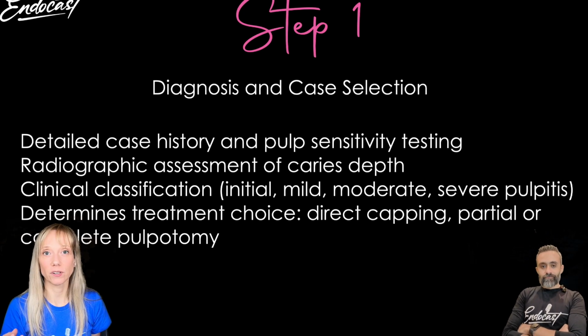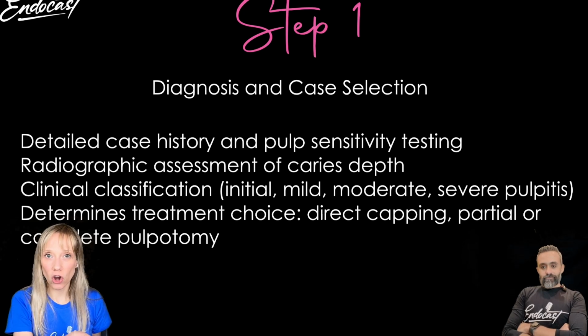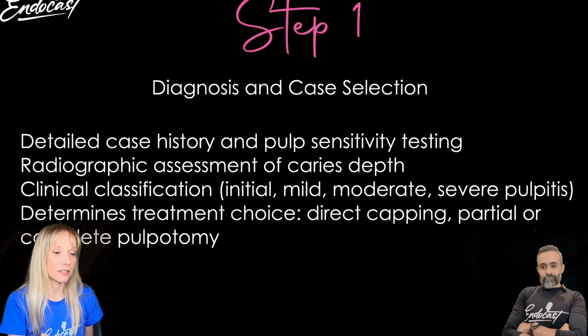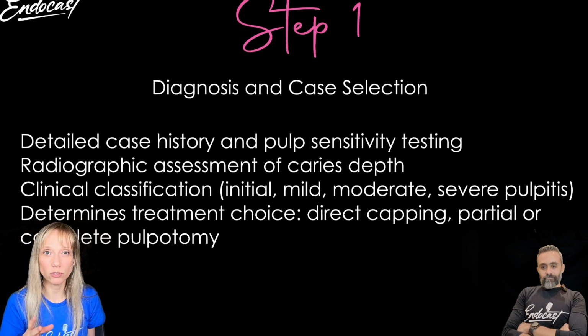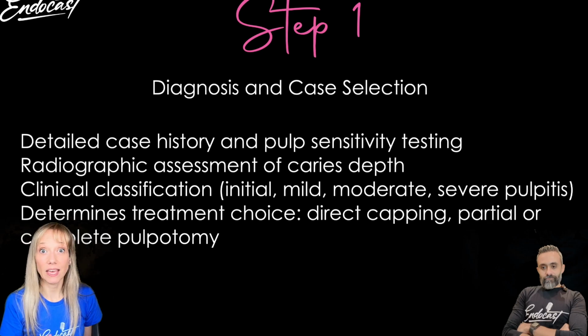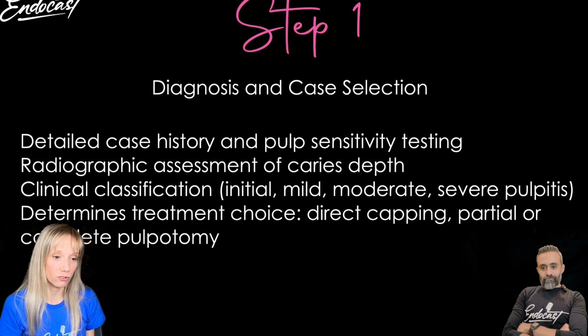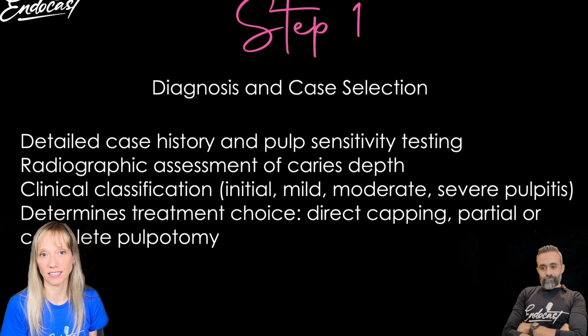So, for example, know how is the pain, for how long, when it presents, what's triggering the pain, in order to understand if that pulpitis is initial, mild, severe, and then do all of our diagnostic testing, of course. So the pulp sensibility test, etc.